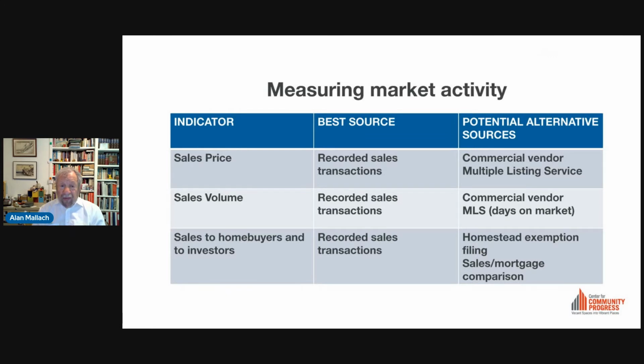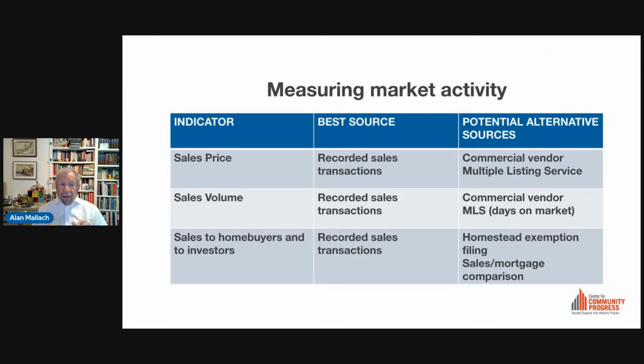And the best way to track this data is by actually tracking recorded sales transactions. Now, every county of any significance in the United States or city records, when you buy a house, that transaction is recorded by some official body, and that data is public record.